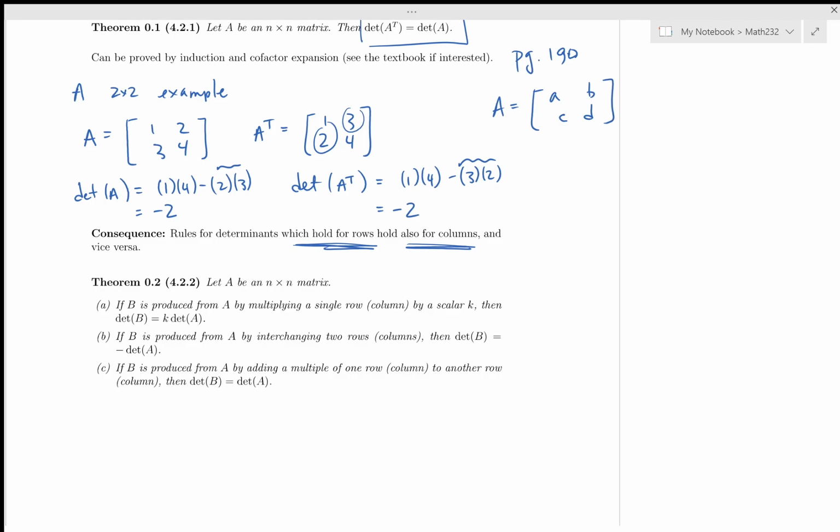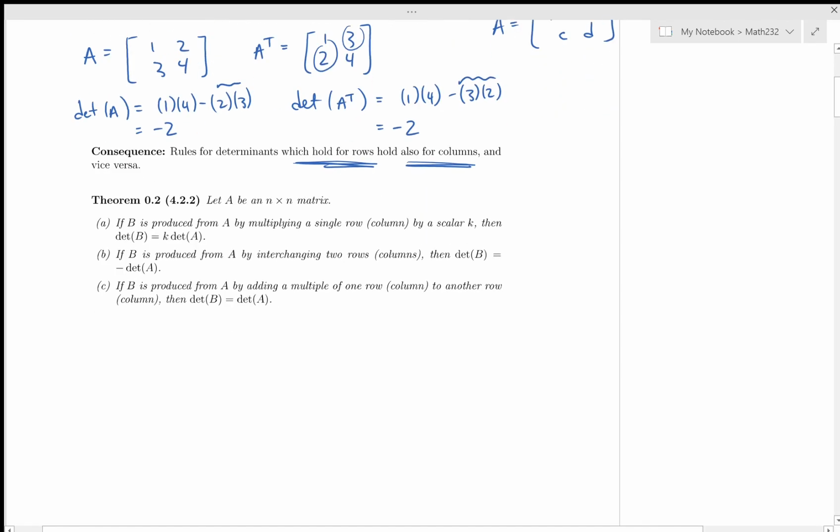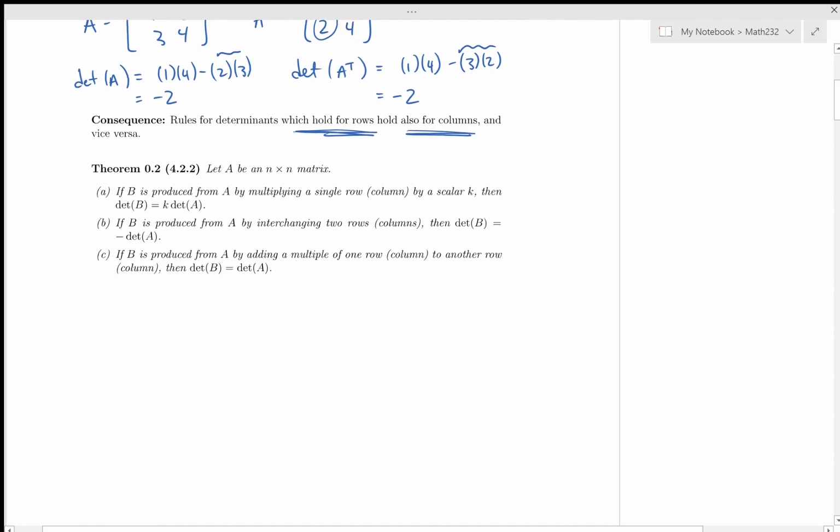Okay, so let's get our first set of rules. If we make a matrix B from A by multiplying a single row, and that's why this column is here, if it applies to a row, it applies to a column. So if we multiply a single row by a scalar k, then the determinant of the new matrix is k times the determinant of the old one.